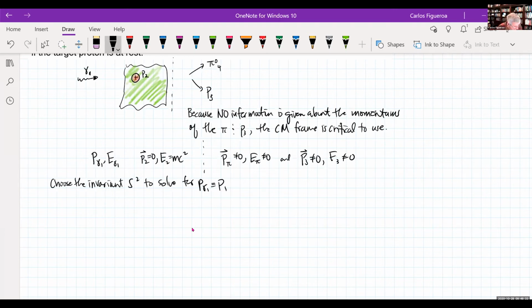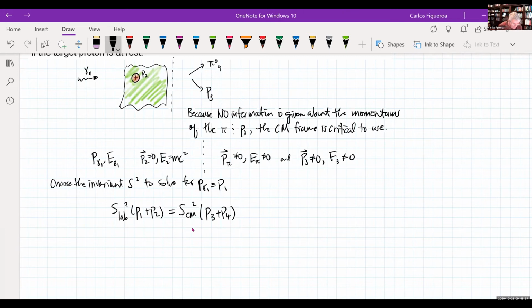In the lab frame, I'm going to pick P1 plus P2, and in the center of mass frame, I'm going to pick the one that has the most uncertainty, which I'll call P3 and P4, where P4 is the momentum of the pion here.